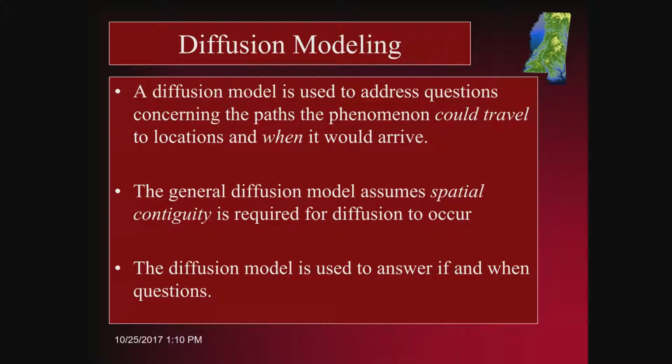Kind of the way diseases spread too, but diseases sometimes, well, they always spread through contact, but sometimes that contact gets taken in an airplane more often these days, spreading from person to person. So we could include that. That would involve a little bit more complex model, but it's still essentially a diffusion model. So the diffusion model is used to answer if and when questions. If it's going to get to a certain place and when it's going to get to a certain place.